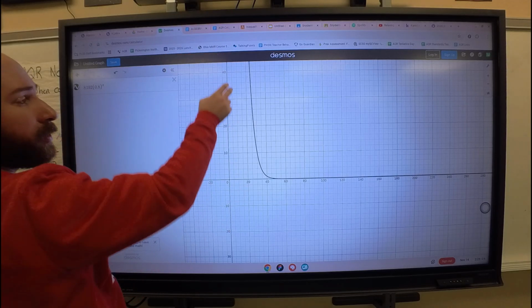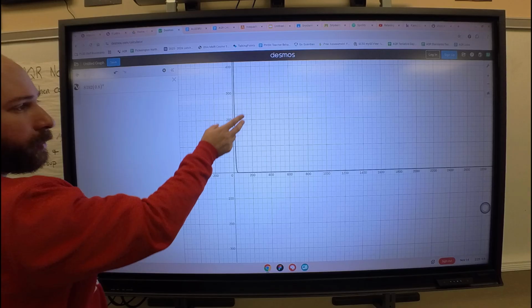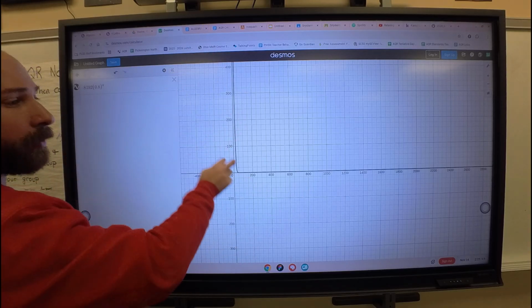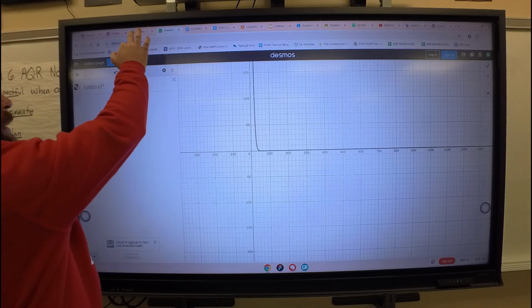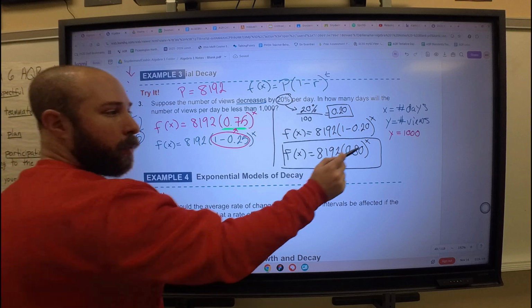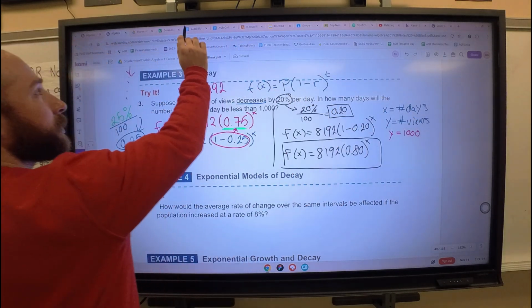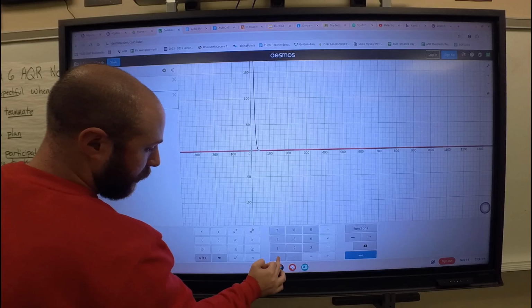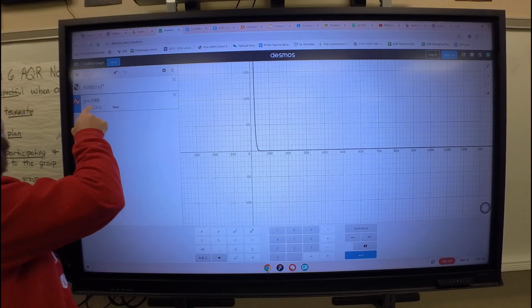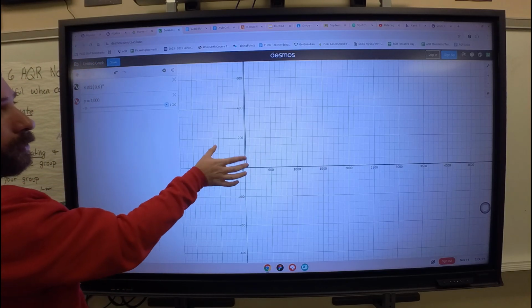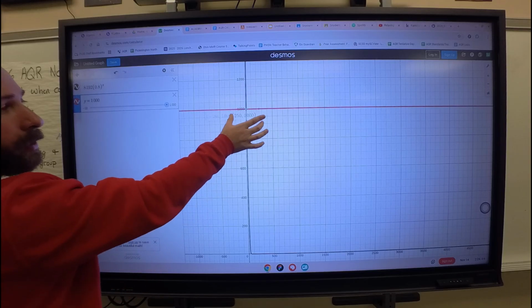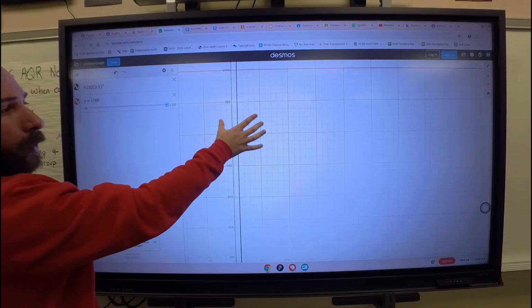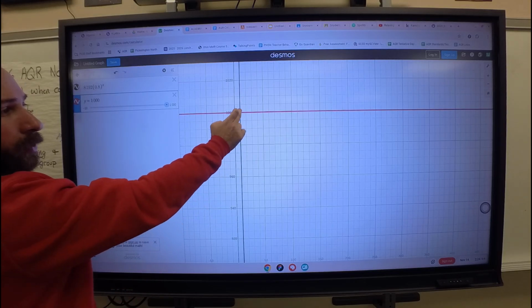Now you can see it starts off really high here, and then it goes down, and then it flattens out. And because we are looking for when y is 1,000, what is x? Let's type y equals 1,000 in. I'm going to zoom out, I'm going to zoom up, and then here I can see where those two functions overlap.